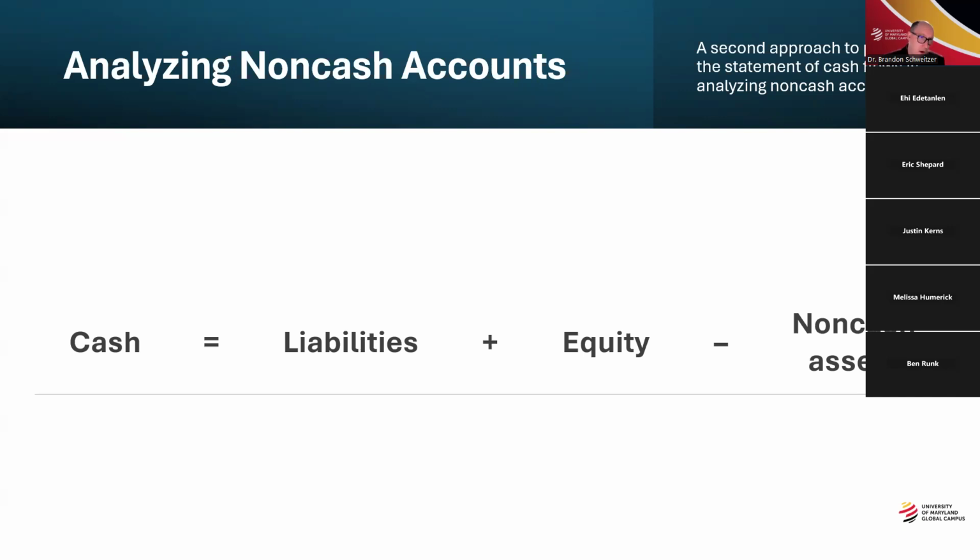In sum, all of the cash transactions eventually affect non-cash balance sheet accounts. This way we can determine cash inflows and outflows by analyzing changes in non-cash balance sheet accounts.